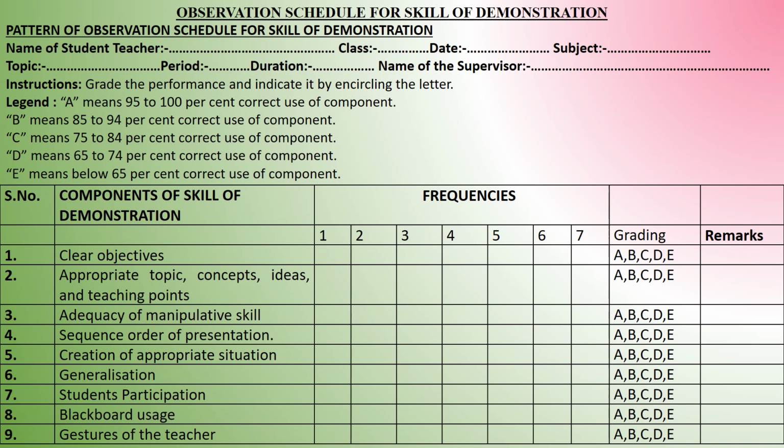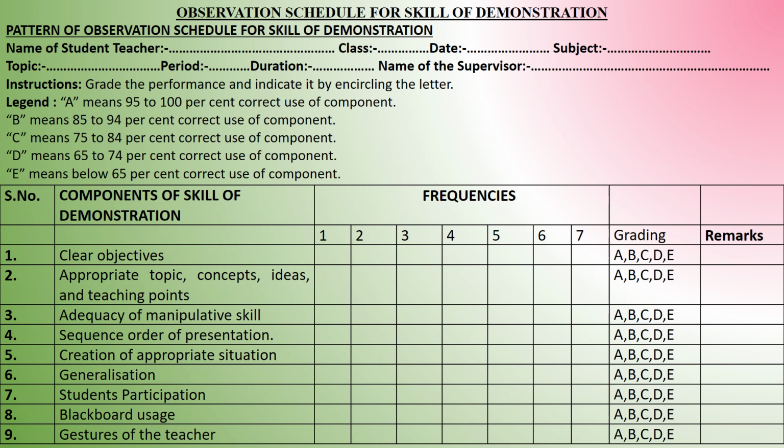The components are clear objectives, appropriate topic, concept, ideas and teaching points, adequacy of manipulative skill, sequence order of presentation, creation of appropriate situation, generalization, students' participation, blackboard usage, and gestures of the teacher.